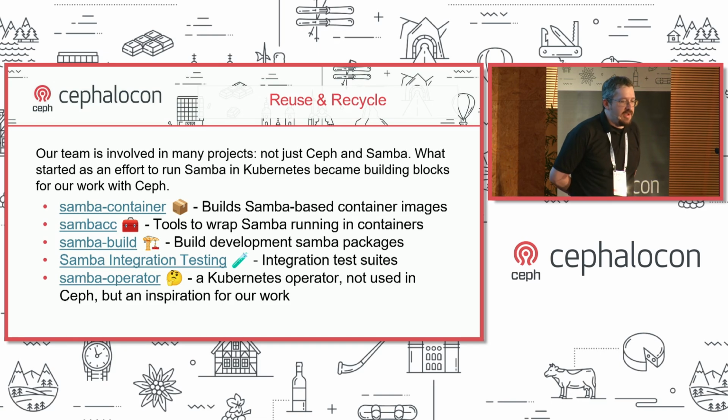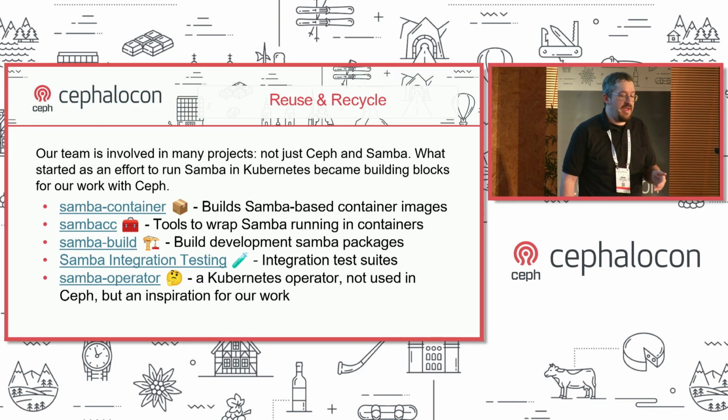In addition to Ceph, our team has been working with other upstream projects that exist between the Samba ecosystem and other components. Now, I don't want to spend too much time on this slide, but I do recommend that you can download the slide and click on the links.